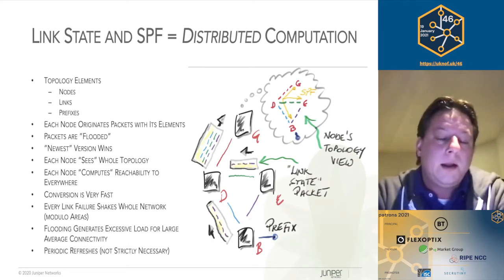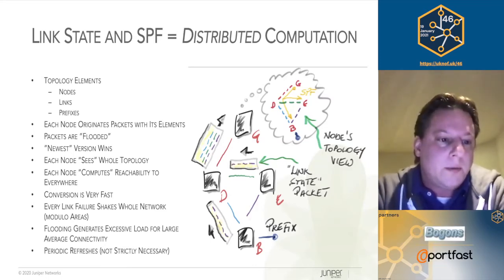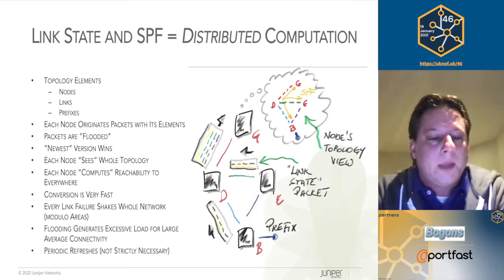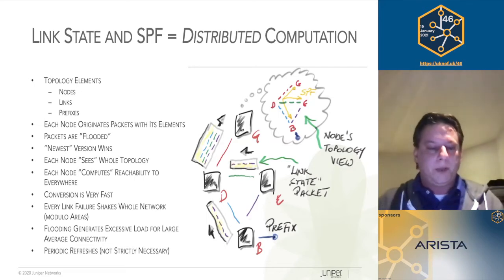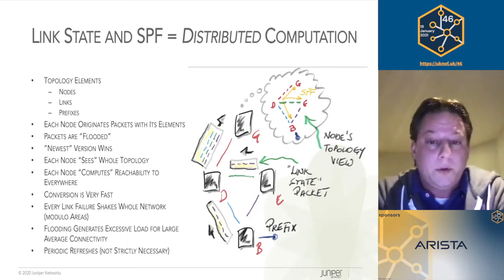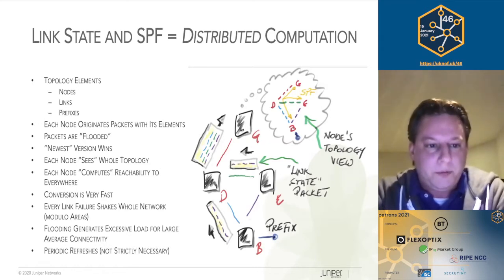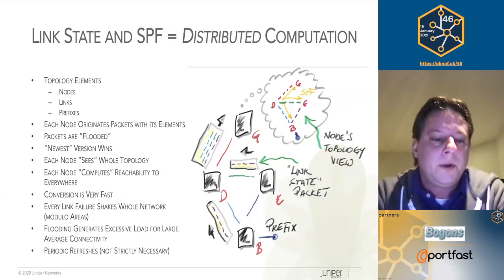If you compare ISIS to Rift, you see some of the elements reused, like for example topology elements that describe nodes, links, and prefixes. And ISIS floods those elements throughout the network. And the reason why ISIS is so popular, because it's really good at flooding. It's really fast. As soon as something happens, so a new prefix shows up, or you add a link or a node, it floods throughout the network, the newest version wins, and off you go.